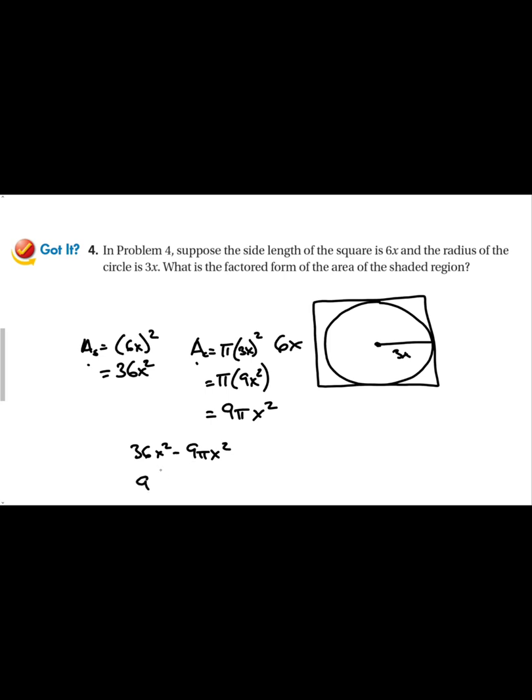And I can factor out a variable. So I can factor out 9x squared. So that would be left with 4 minus pi. Does that work out? 36x squared minus 9 pi x squared. So yes.